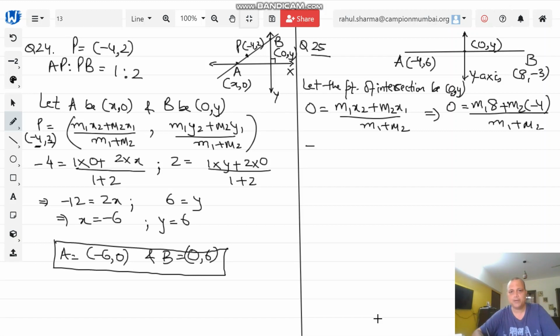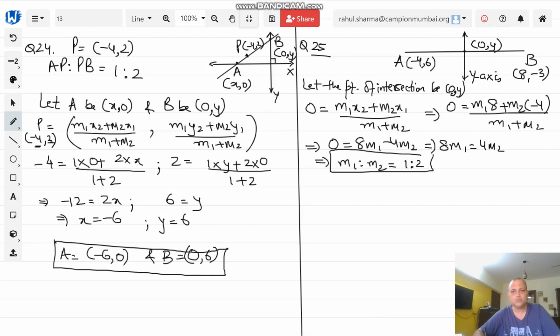Let's cross multiply. So this would be 0 is equal to 8 m1 minus 4 m2, which means 8 m1 is equal to 4 m2, which means m1 is to m2 is equal to 1:2. So this is the ratio in which it divides. That's part 1 done.